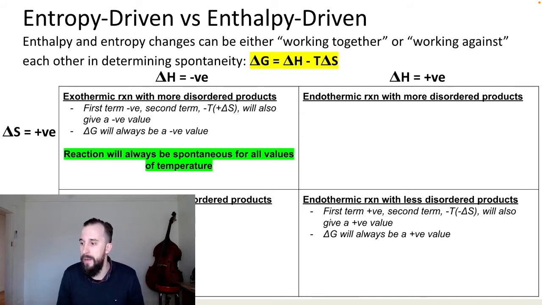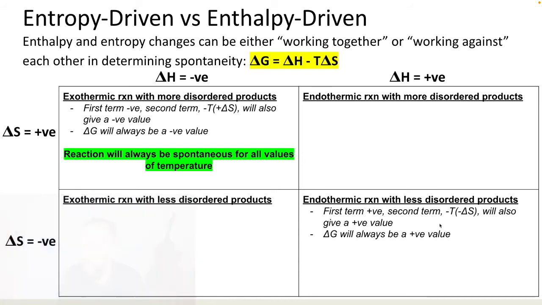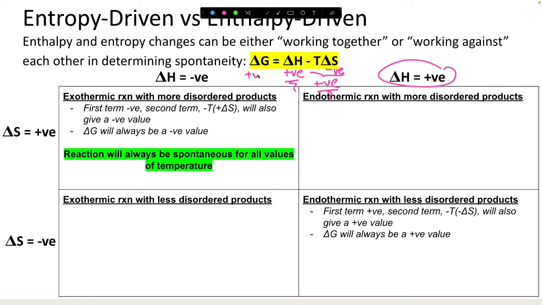We can think about this mathematically as well. We have a positive value for our delta H. We have a negative value for our delta S. So negative times a negative is a positive, right? You have a positive number and you add another positive number to that. Doesn't matter what those numbers are, you're always going to end up with an overall positive value.